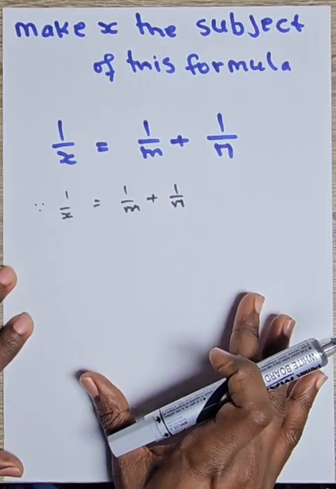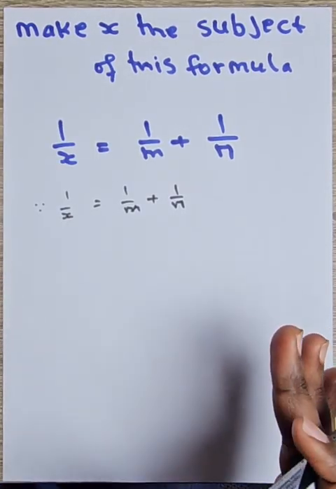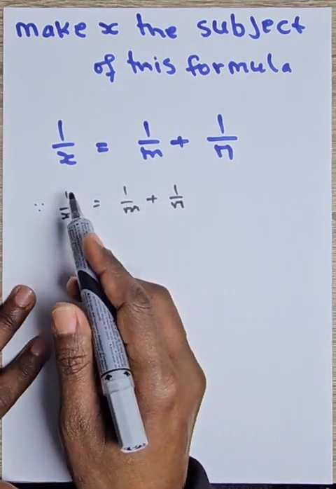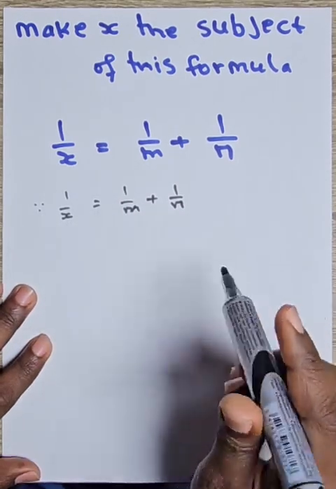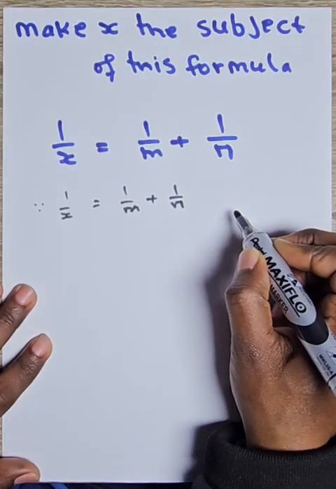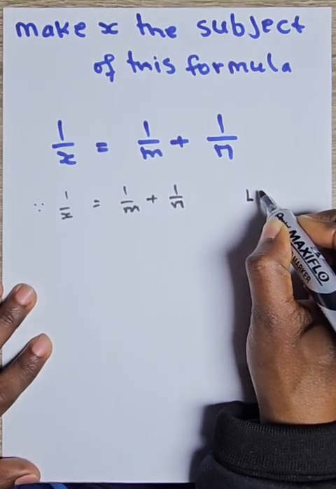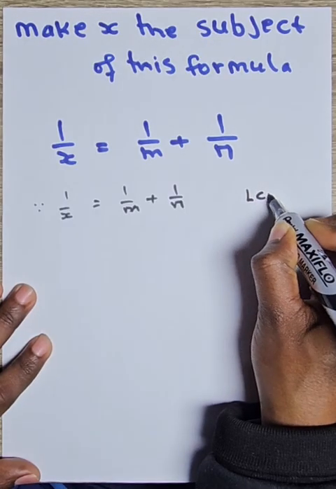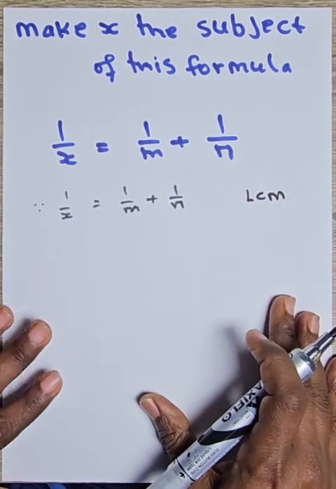So I will have to get a denominator which is the same for all of these. Therefore, I need to find out the LCM of 1 over x equals 1 over m plus 1 over n. So what is the LCM of this?